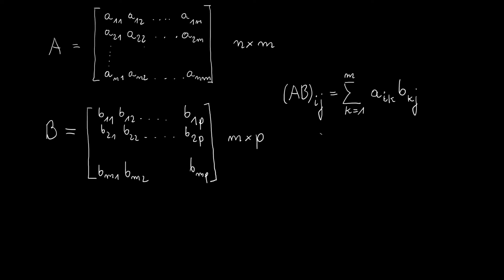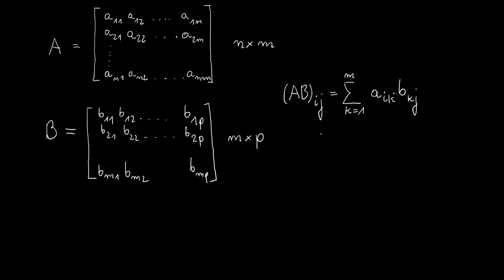The number of the row is the first index, the number of the column is the second index. So this makes sense. That will iterate over the ith row, that will iterate over the jth column.